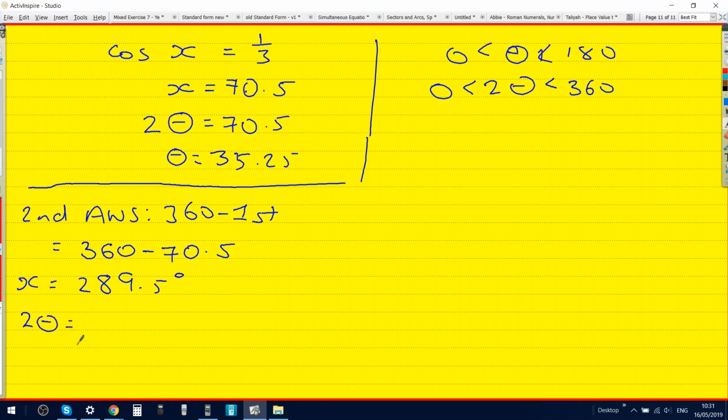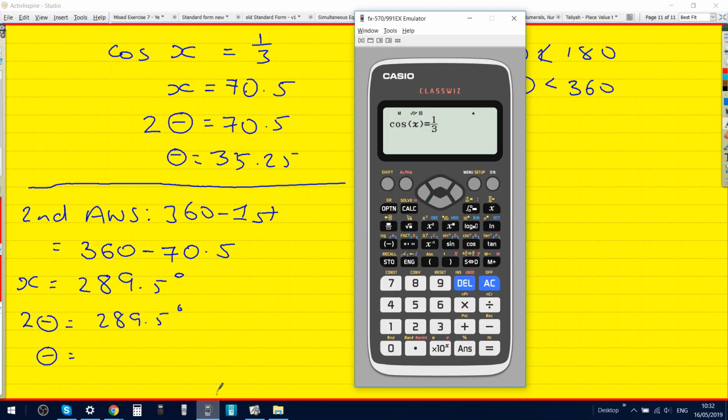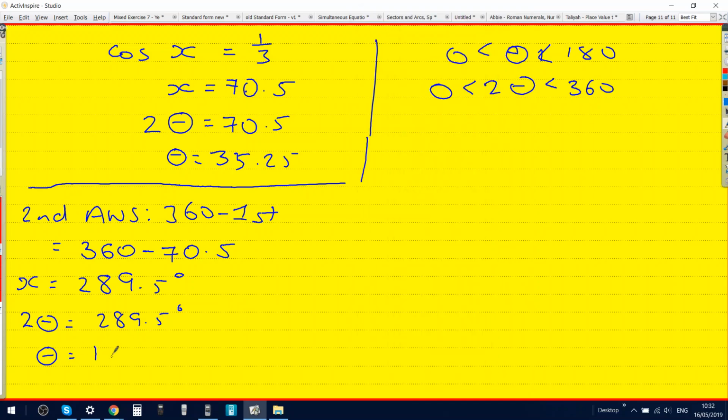And so what is theta? 289.5 divided by 2, which is 144.75. 144.75 degrees. There you go.